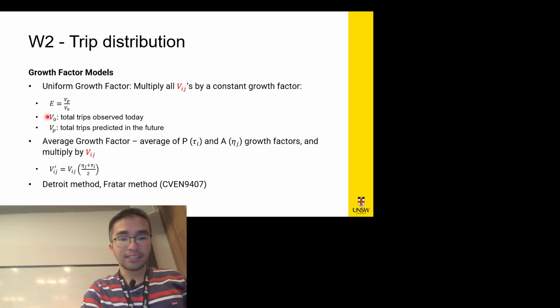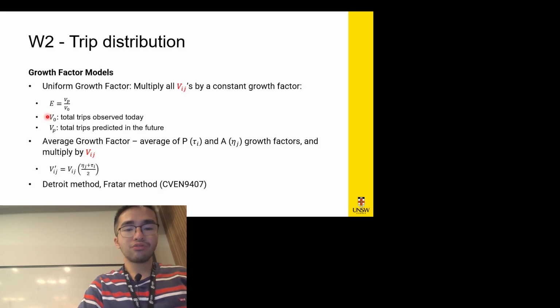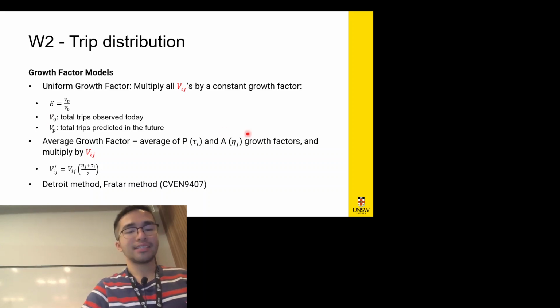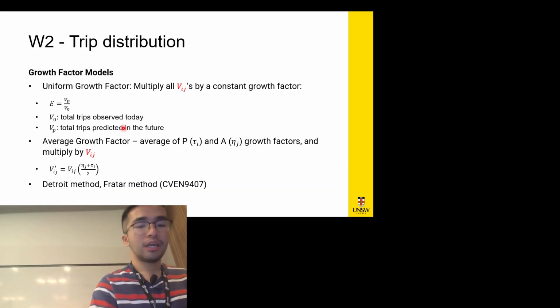You find this growth factor, right? And you multiply all Vij by this growth factor. Okay, you can also have an average growth factor, so average of the production and the attraction growth factor, and you multiply that with Vij. And you also have many different other methods as well.